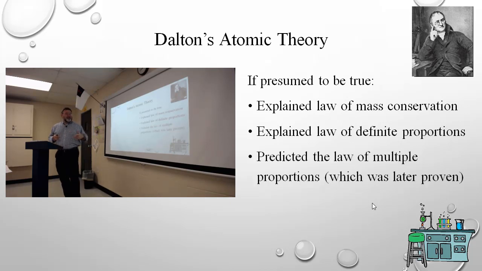And here was the big deal. It predicted the law of multiple proportions. That was proven later. See, when Dalton came up with this idea, he said it explains mass conservation, it explains definite proportions, and you know what? I think this is what we're going to find. We're going to find what we just discussed as the law of multiple proportions.